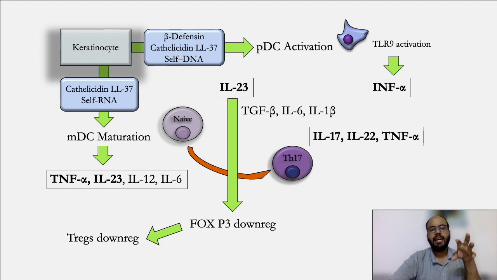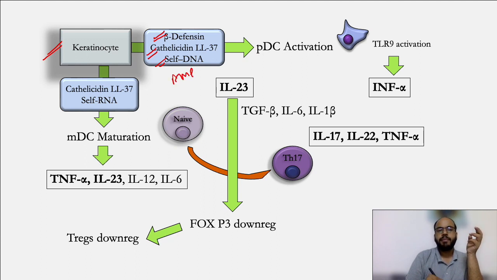Now, this slide I have taken from the psoriasis video. So just to recapitulate, keratinocytes are going to secrete various moieties when they are damaged. Now, beta-defensin, cathelicidin, LL37, and self-DNA are antimicrobial peptides. And this will activate plasmacytoid dendritic cells, which will activate through toll-like receptor 9 and will secrete interferon alpha.